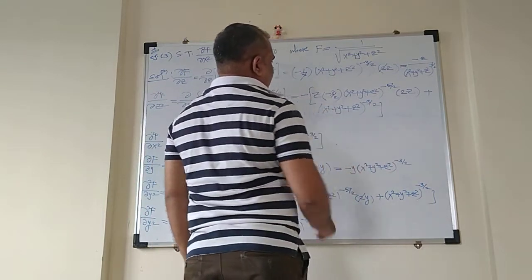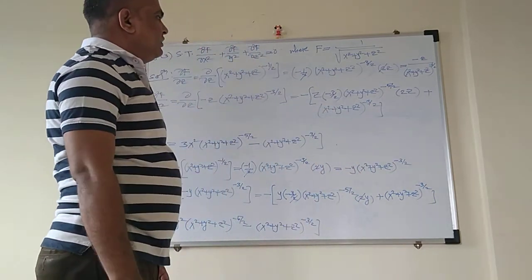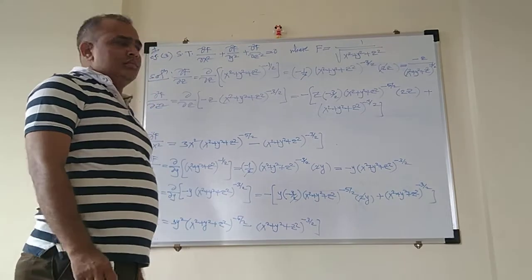So you got this second order partial differentiation of the given function with respect to z.